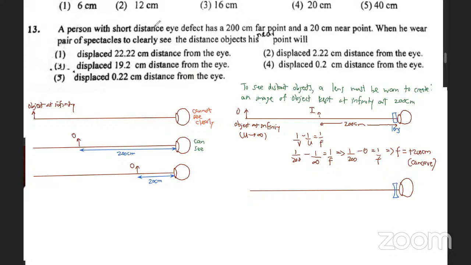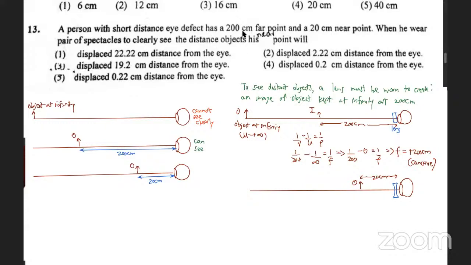Tell me, will he be able to see it? Yes or no? No, he can't see it.